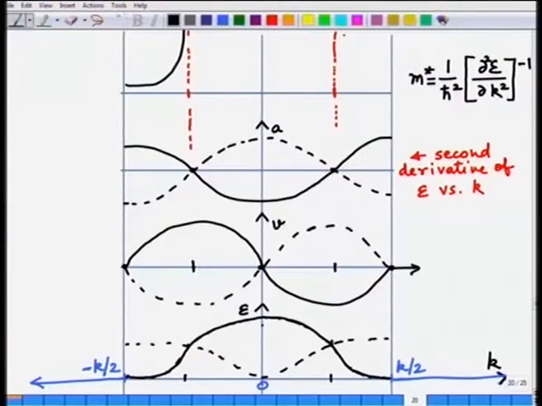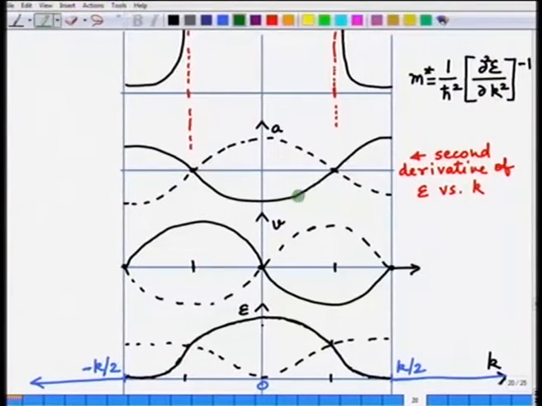Similarly, it should happen on this side also. It is decreasing, decreasing, decreasing along this side, therefore the inverse of it must be increasing. But what about here? As I approach from here to here on the solid line, this second derivative is increasing.